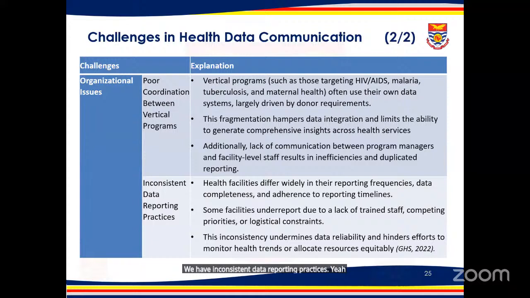Here, health facilities differ widely in their reporting frequencies, data completeness, adherence to reporting timelines, etc. Some facilities also underreport their data due to lack of trained staff, competing priorities, or logistical constraints, etc. We also have inconsistency that undermines data reliability, and it also hinders efforts to monitor health trends or allocate resources equitably.